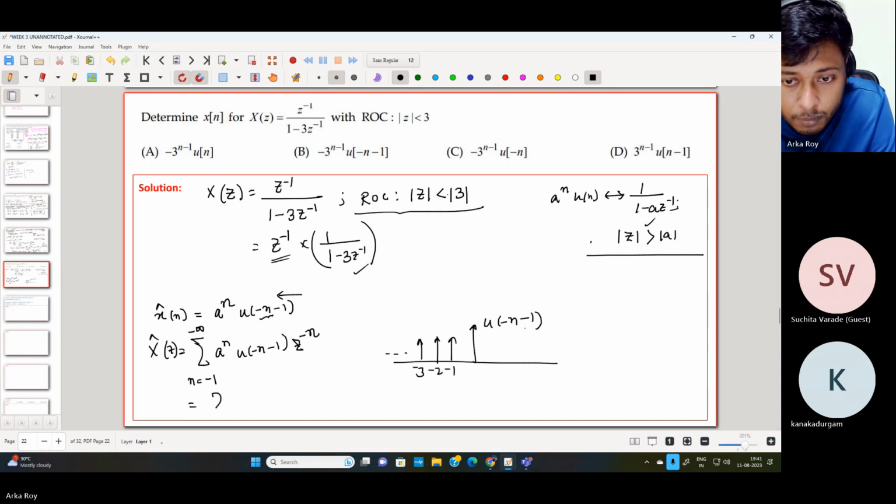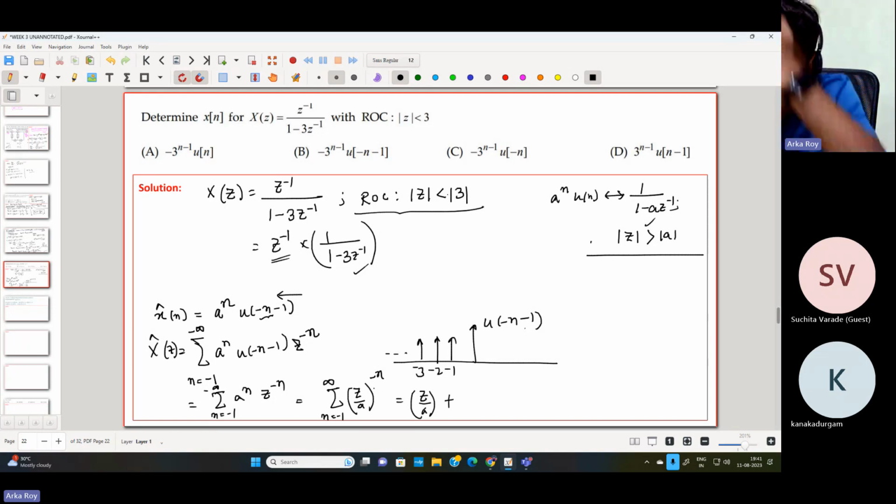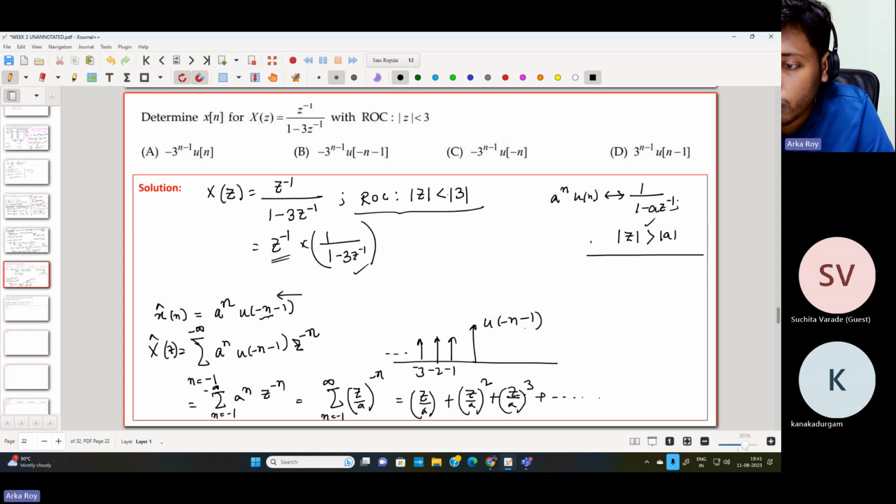Let me write it in a more compact form, and I can even write it as z divided by a to the power minus n, and since n is taking a negative value, this will effectively get a positive power. So z by a, z by a whole squared, z by a cubed, and so on.